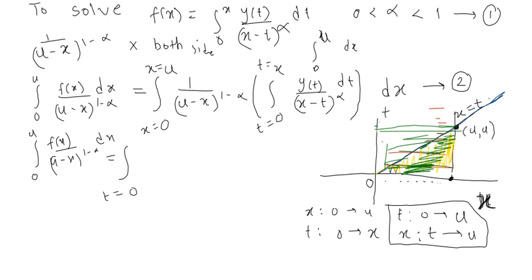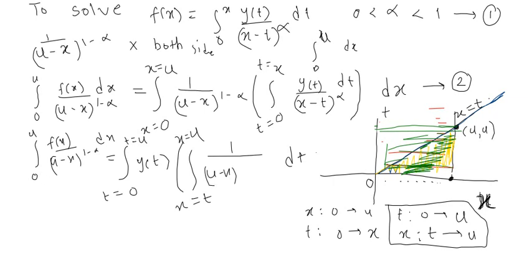So I will get here y of t and here dt, and inside it the integral where x will vary from t to u, and inside the integral I will get this term (u minus x) raised to 1 minus alpha times (x minus t) raised to alpha, into dx, okay.